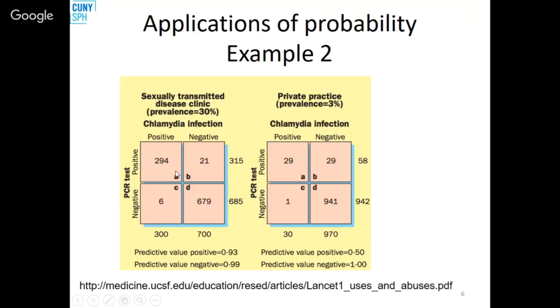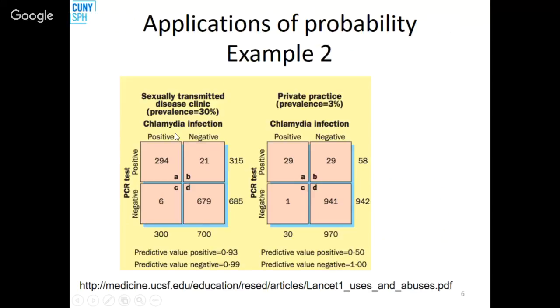So first thing, let's calculate here the so-called positive predictive value. So that is the probability, given a positive screening test, that you really have the thing that it is testing for.